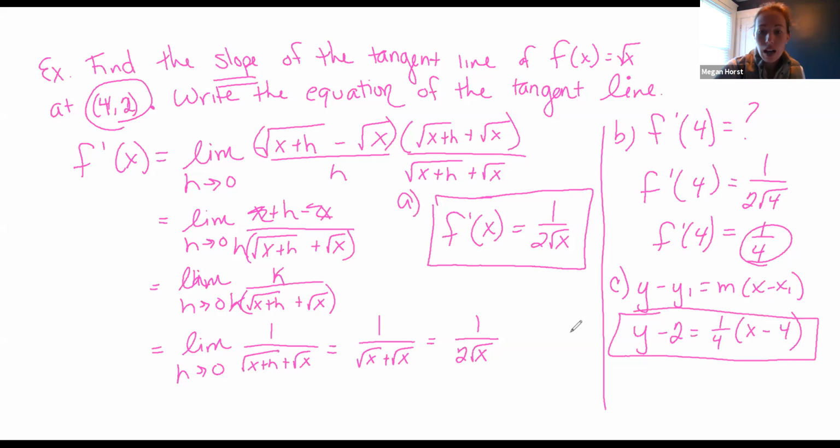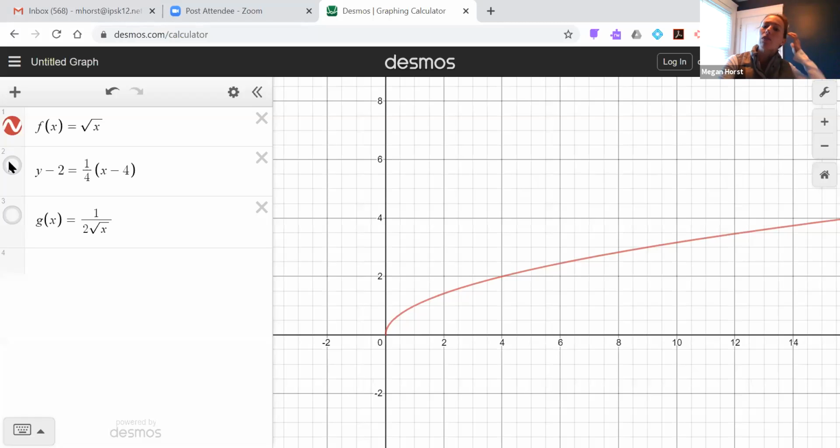All right, I'm going to go ahead and pull up Desmos and we'll see what this looks like. So you see here that I have the square root of x graphed, and notice that this is a continuous function, but part of its domain is that x can't be less than 0. It can be equal to 0, but not less than 0. So what I'm going to go ahead and show you first is what that tangent line looks like.